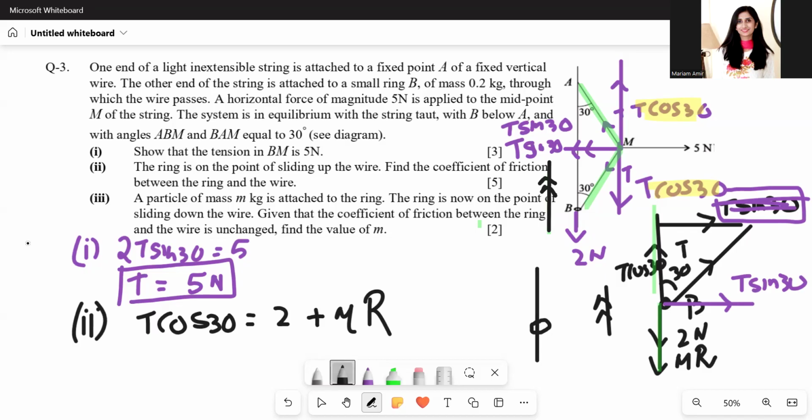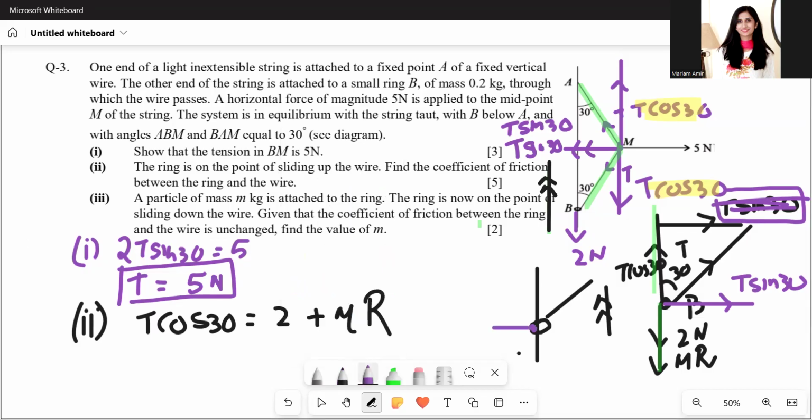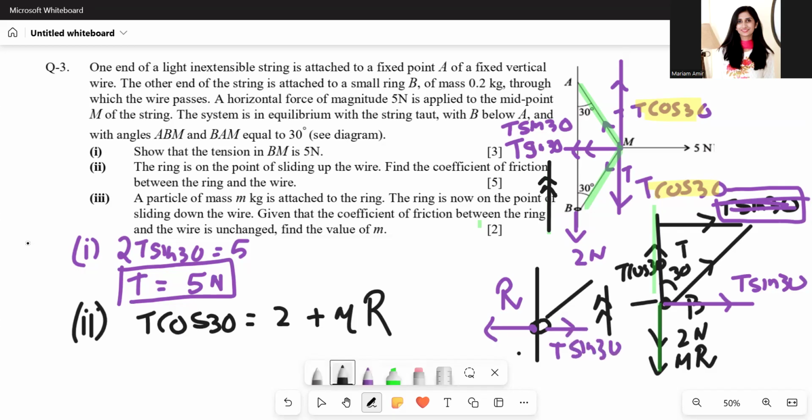Since the pull is in this direction, the contact is going to be somewhere over here. And the normal contact force is going to be in this direction, opposite to the T sine 30 force. So there's an R in this direction, and these two forces would balance each other out. So R equals T sine 30.